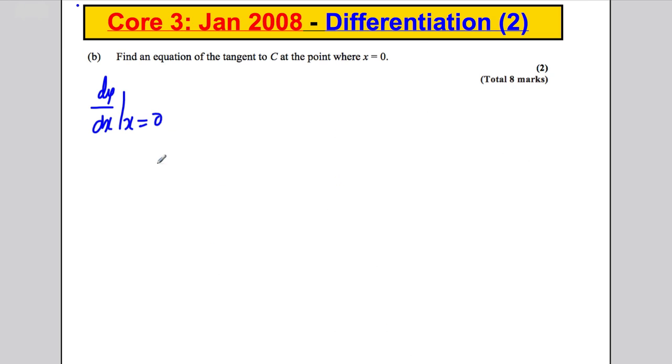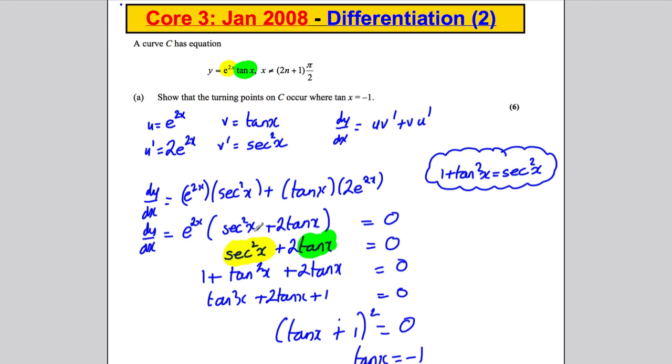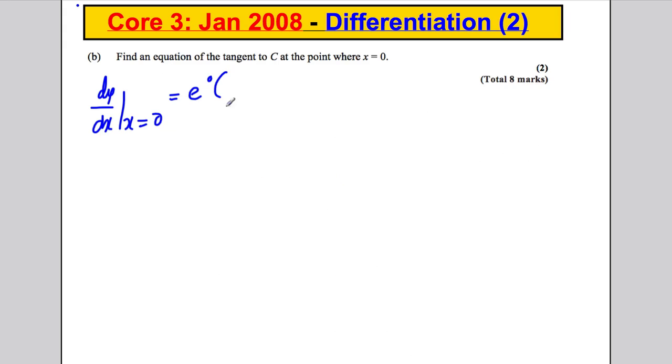So dy by dx would be e to the 0, subbing in 0 into this up here, sec squared 0 plus 2 tan 0. Now, I know that tan of 0 is 0, and I know e to 0 is 1. I also know that sec squared 0, which is 1 over cos squared 0, is 1. So the gradient is 1.